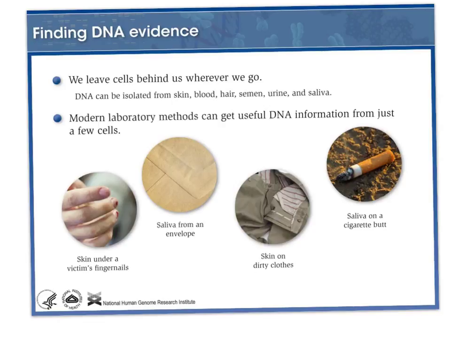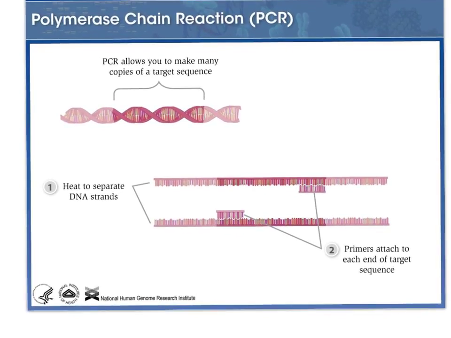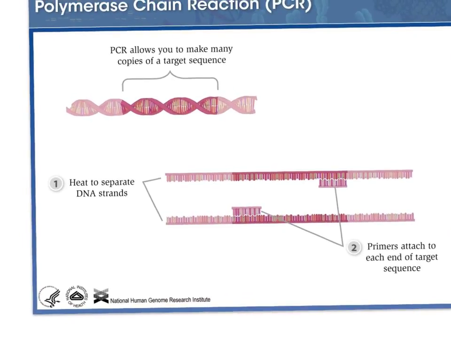Now, in the past, you needed a bunch of cells to do this, but now we can just take a very, very small amount, in fact, one cell, and copy that DNA and make many multiple copies of it. And that's called polymerase chain reaction. Now, ACE, again, it's an enzyme. And PCR, as it's called, allows you to make copies of a target sequence.